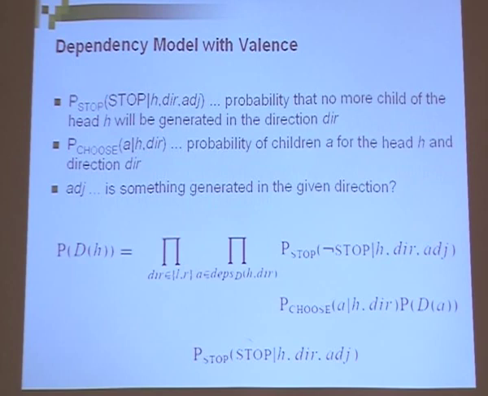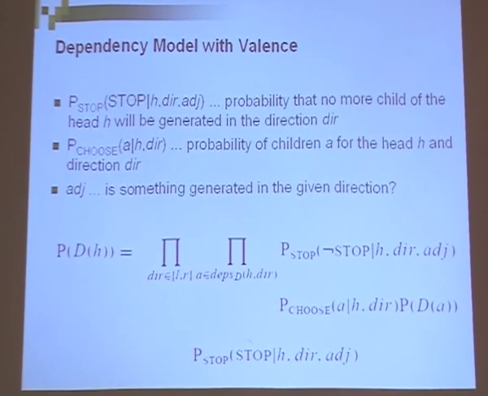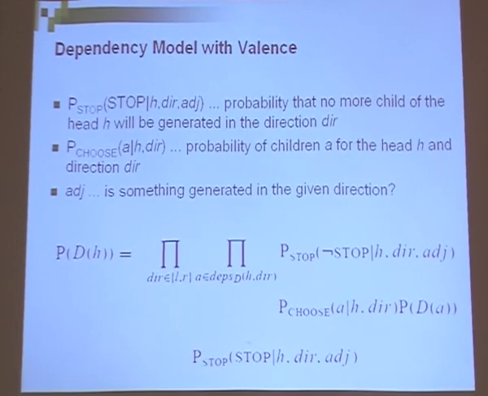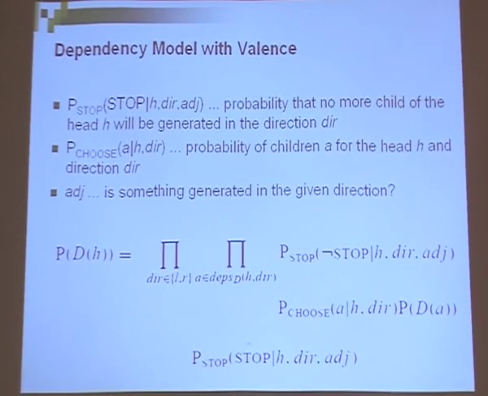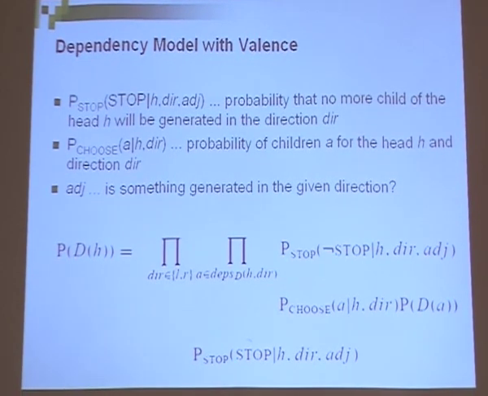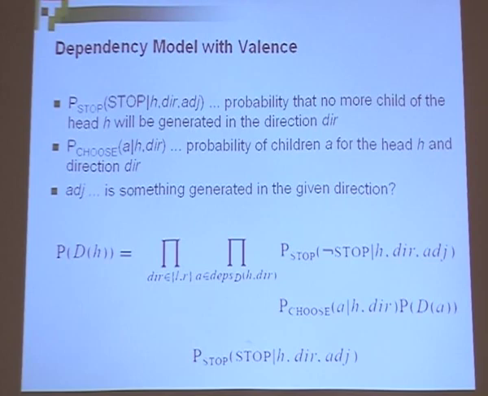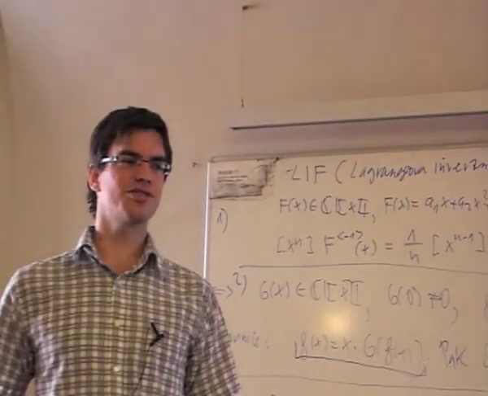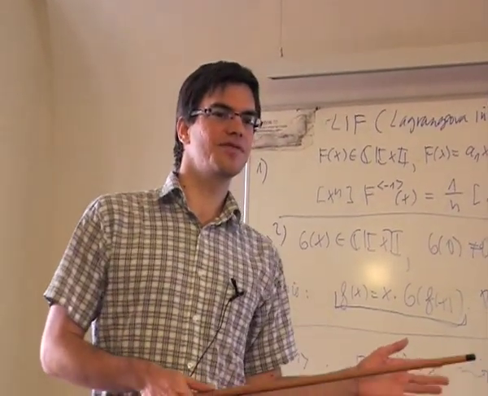So in this dependency model, it has two different probabilities. Question: Sorry to interrupt, but is this a process to generate random sentences, or do you have the nodes given? Yes, it is a generative story. In fact, it is not generated in the algorithm.